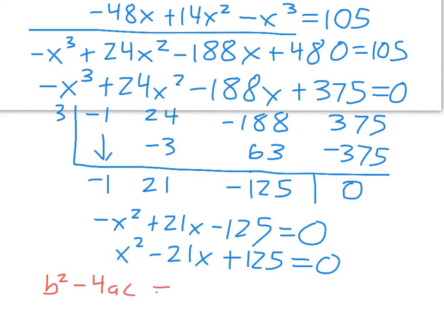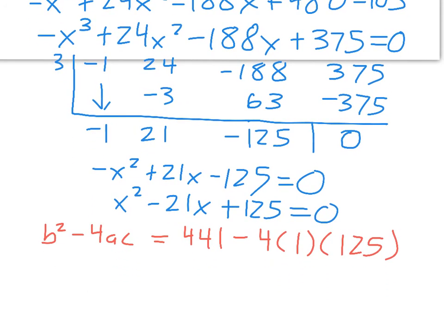I'm just going to do that part. b squared would be negative 21 times negative 21, which is 441, minus 4 times 1 times 125. 4 times 125 is 500. So I can tell that the discriminant will be negative. If the discriminant is negative, then you have two imaginary roots, or two complex roots.